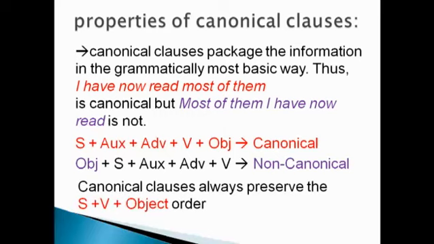Thus, "I have now read most of them" is canonical, but "most of them I have now read" is not, because there is a problem with the order, and syntax is all about order. So we have the subject, the auxiliary verb, the adverb, the verb, plus the object, and this makes this clause canonical.